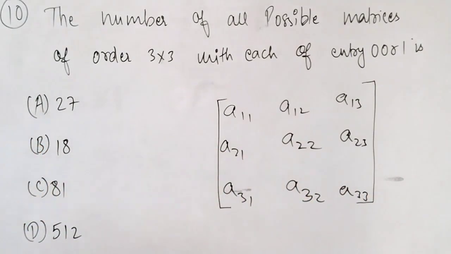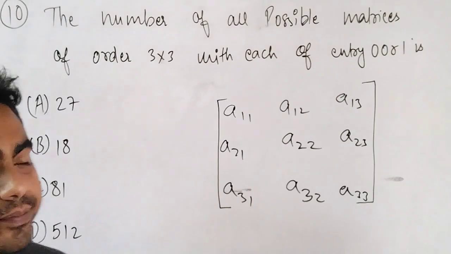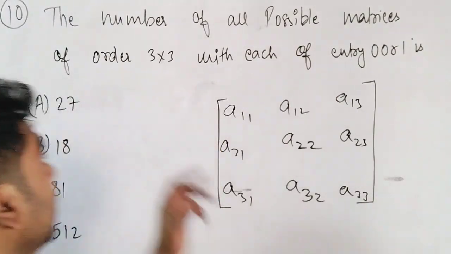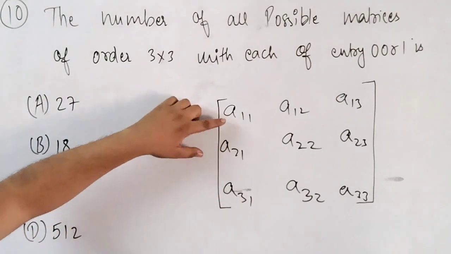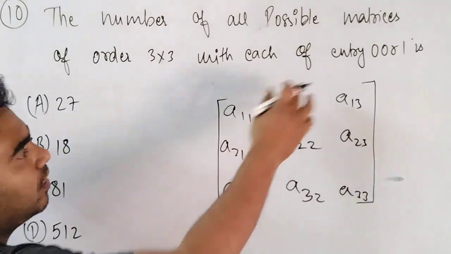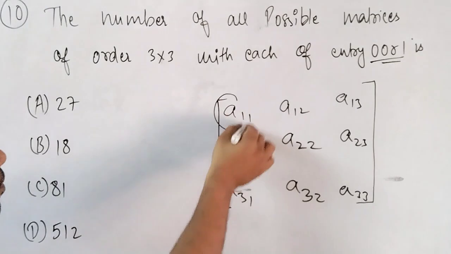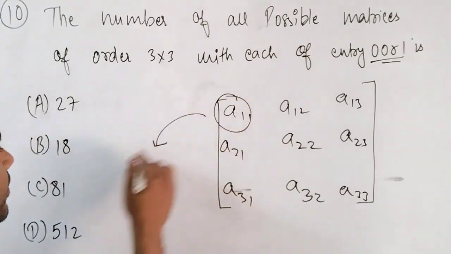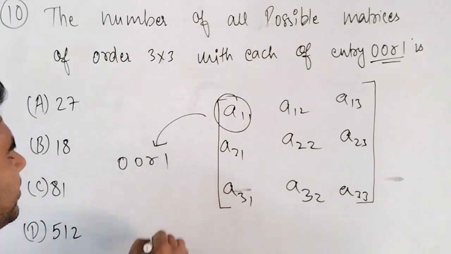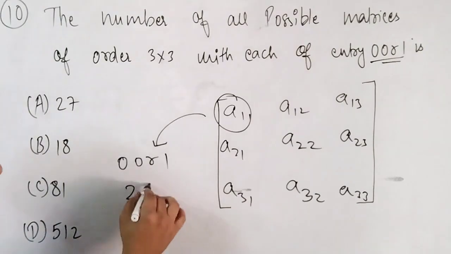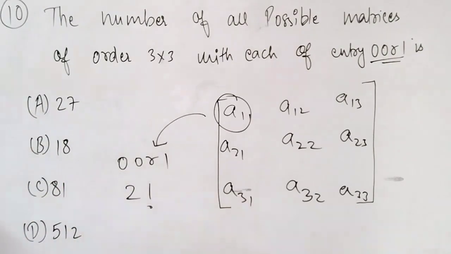So this is the ideal matrix we have. Now the question is saying that each entry is either 0 or 1. So the possible values for one element are 0 or 1, that means 2 values.